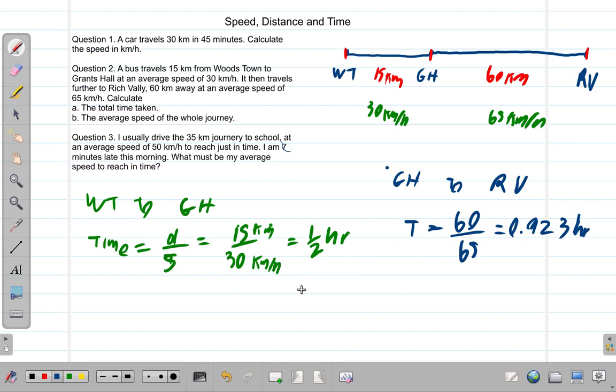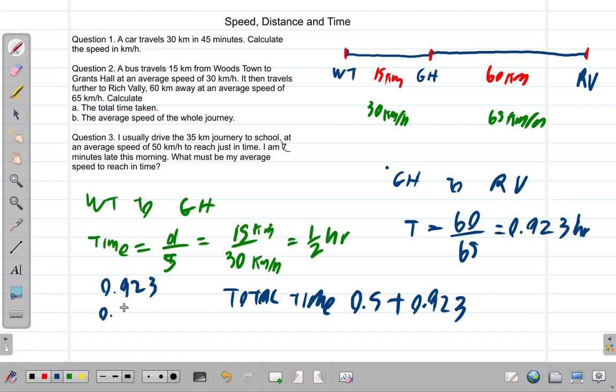Now, total time taken. Half hour, which is 0.5, plus 0.923 hours. So, what you have? 0.923 plus 0.5. You have 3, you have 2, 9 and 5, 14, bring down the 4, carry 1, 1.